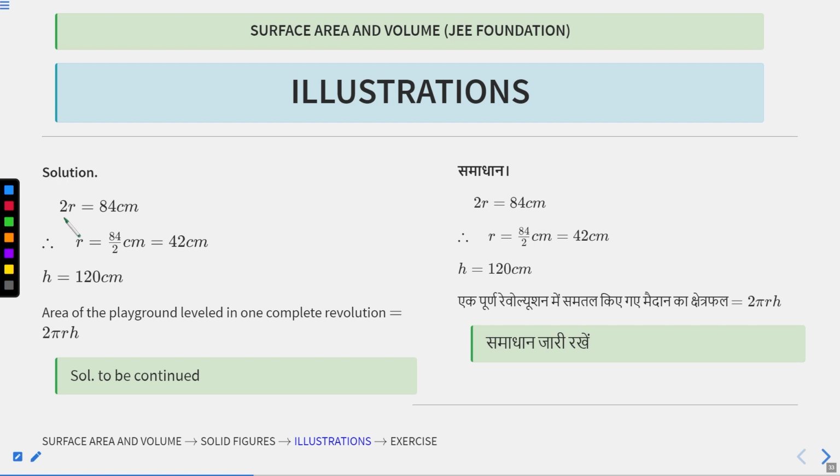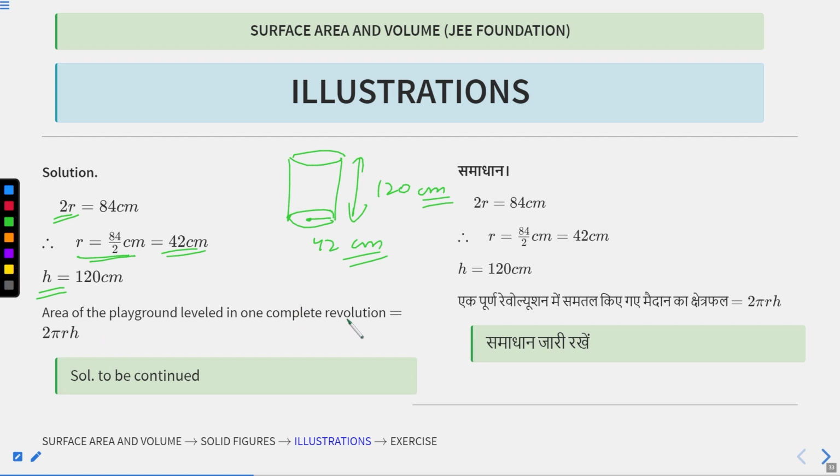First of all, we find out the radius. We know diameter is equal to 2 times radius, and that means r is equal to 84 by 2, which is 42 centimeters. Here h is already given, height is 120 centimeters. So the roller is like this with radius 42 and height of 120 centimeter.